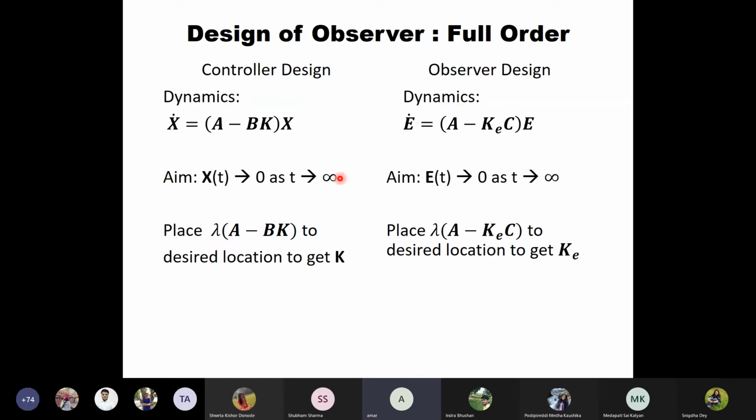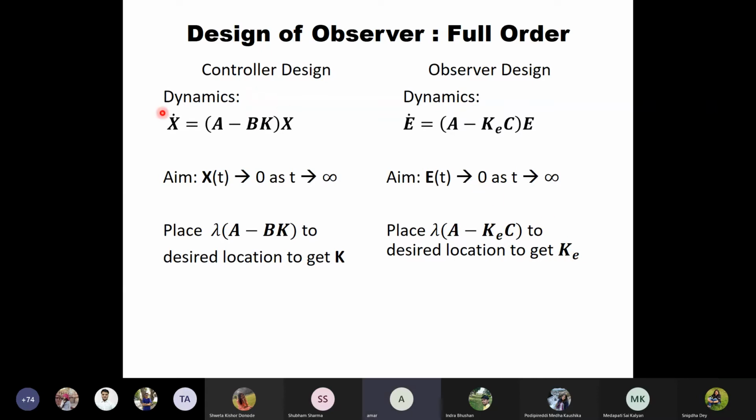To achieve that objective, we place the eigenvalues of A minus BK at a desired location to get the K value. Here also, similarly, we place the eigenvalues of A minus KeC at a desired location to get the Ke value.